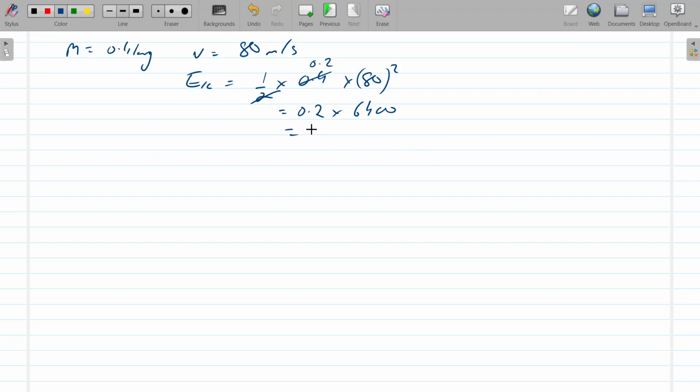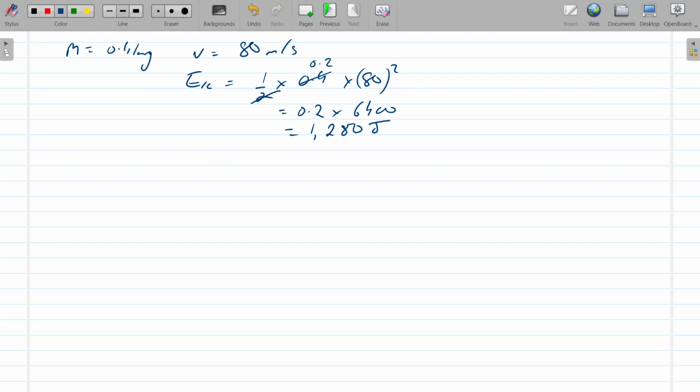So that will be 1280 joules of kinetic energy. Simple. That's as simple as a calculation you can get from this.